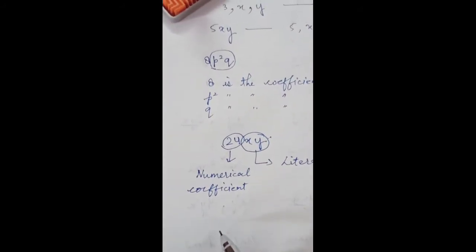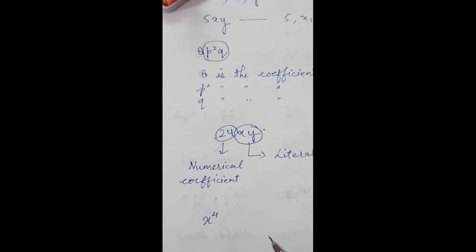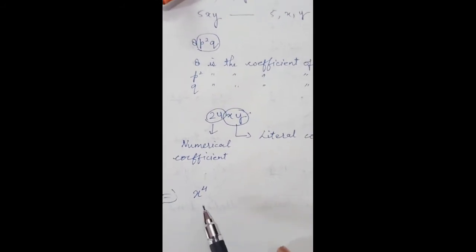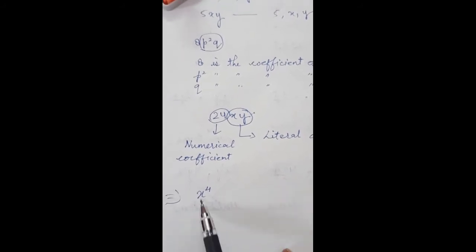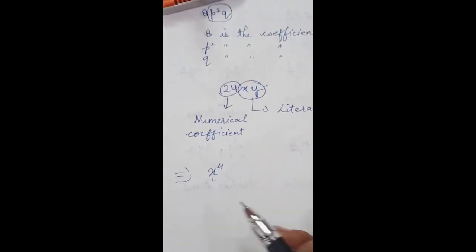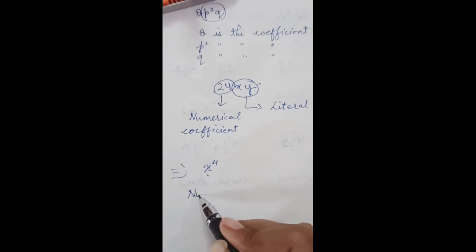Now suppose we have a term x to the power 4. What is the numerical coefficient here? Can you guess?